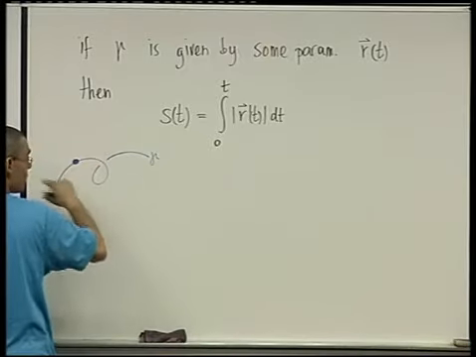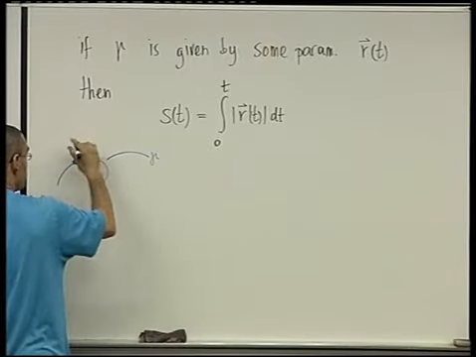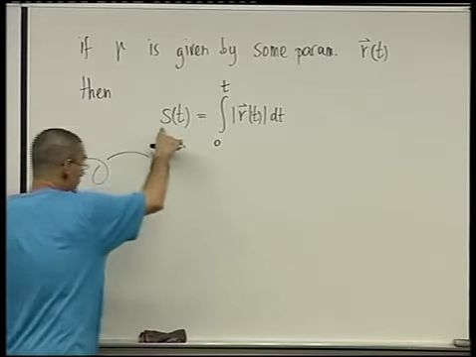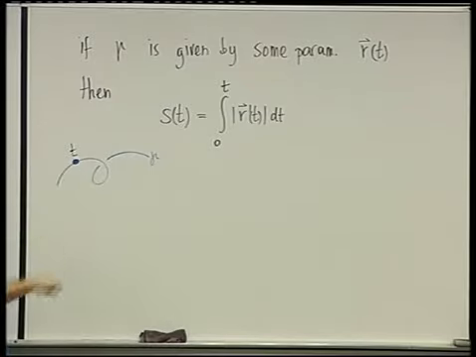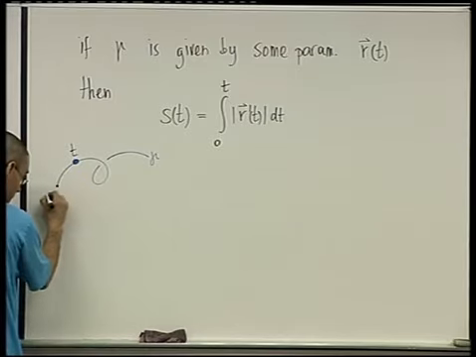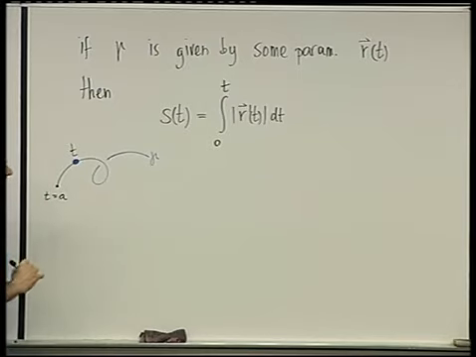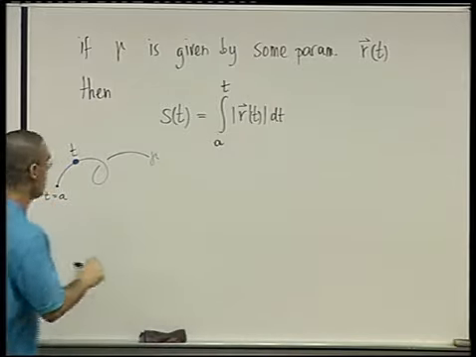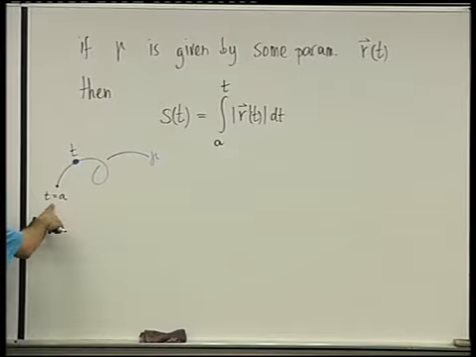So if this corresponds to some value t, then this is the S it's going to correspond to in terms of the arc length variable, of the arc length parameterization. So this point corresponded to t equals a. Well, it's not from 0, from a, sorry. What is the corresponding S?